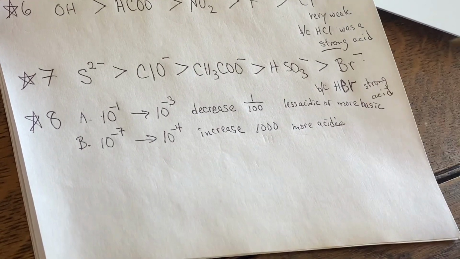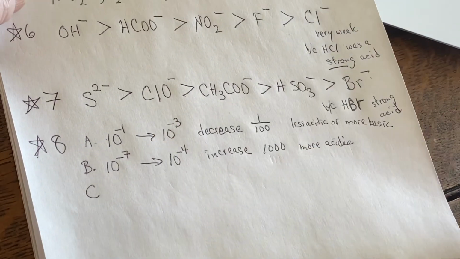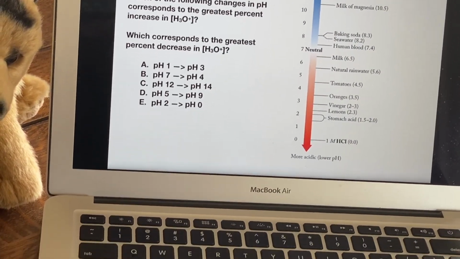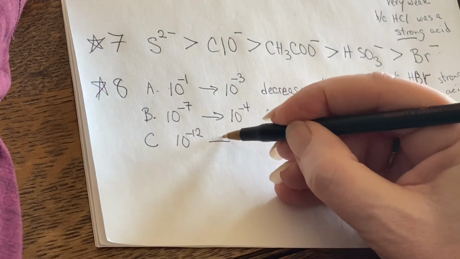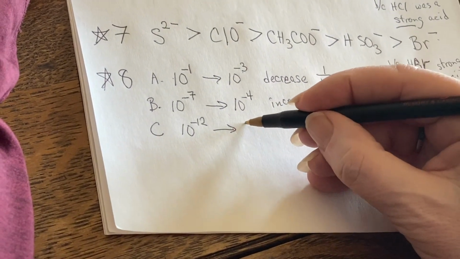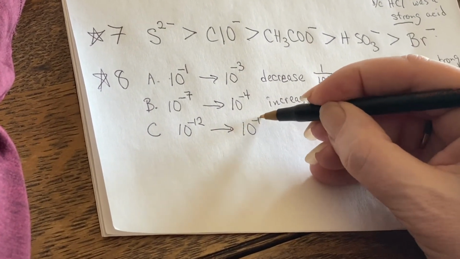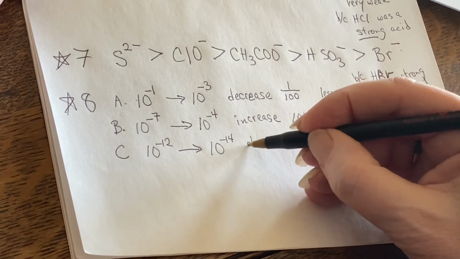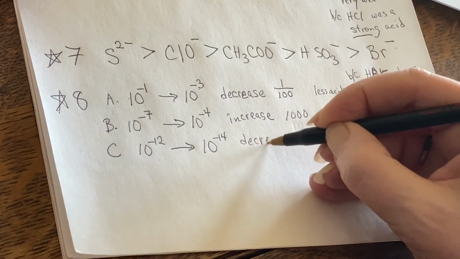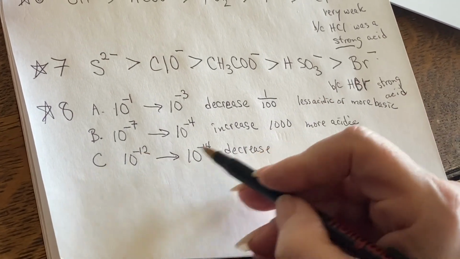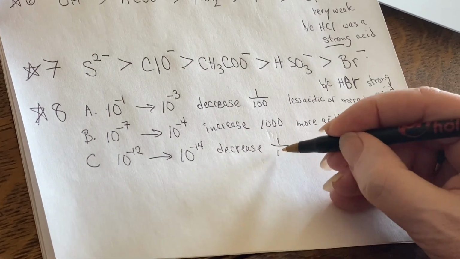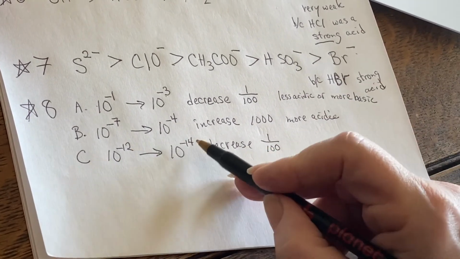Next one, pH of 12. That would be 10 to the minus 12th. To pH of 14, 10 to the minus 14. That's becoming more basic, not more acidic. It's a decrease again. It's getting smaller. By how much? Well, that's a difference of 10 to the second, right?